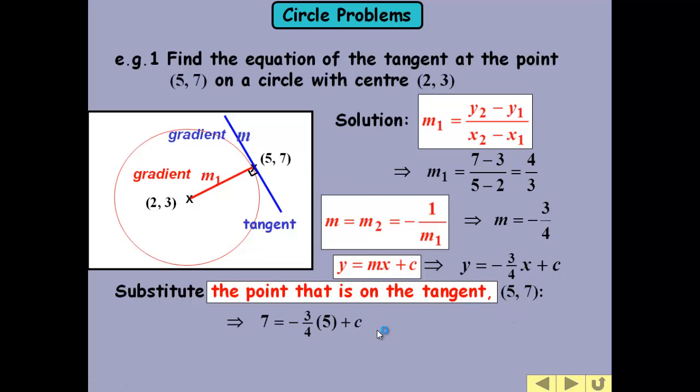So we put those values in, find out c. We get this equation. We generally don't leave numbers in the denominator, do we? So we multiply through by 4 to get rid of those. And we end up with an equation that looks like that. Here you'll notice we've also taken the x over with the y.